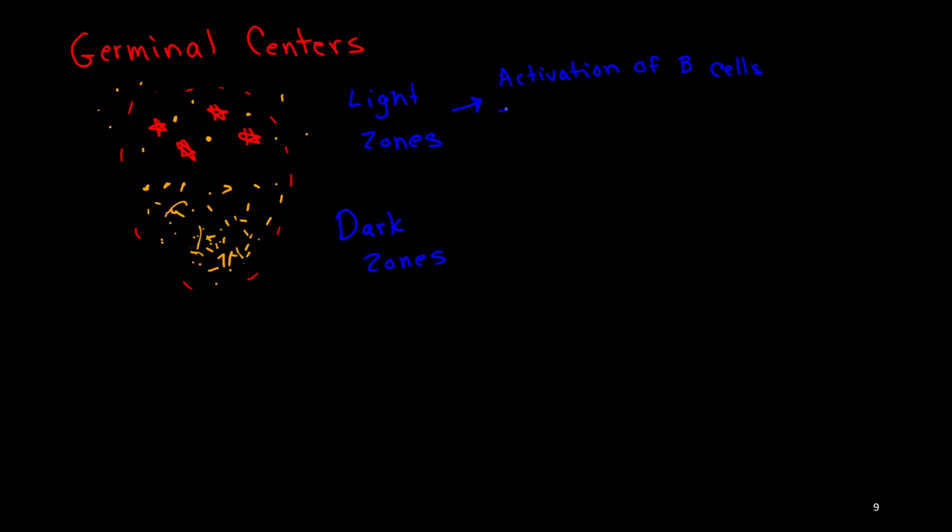And then some other things are going to happen as well. Activated B cells are going to undergo hypersomatic mutation. It's not necessarily that hypersomatic mutation is occurring here in the light zone. It's what happens during this process.